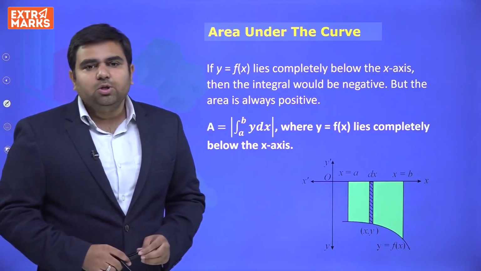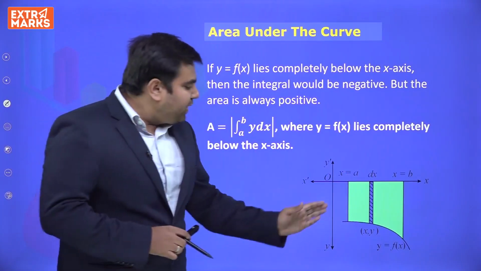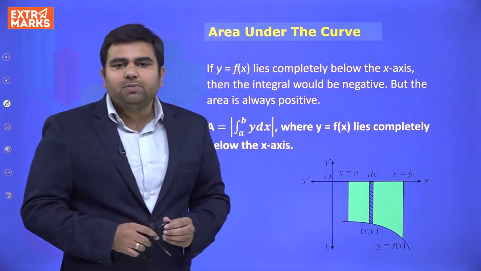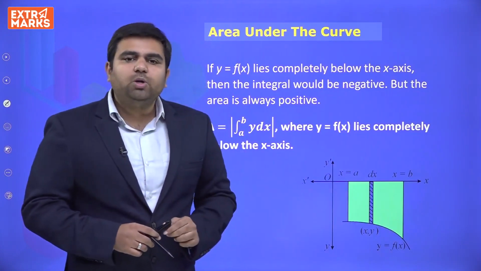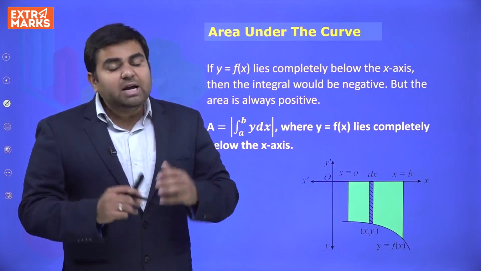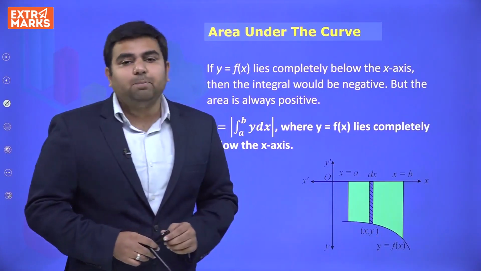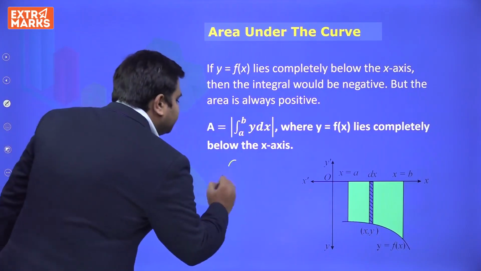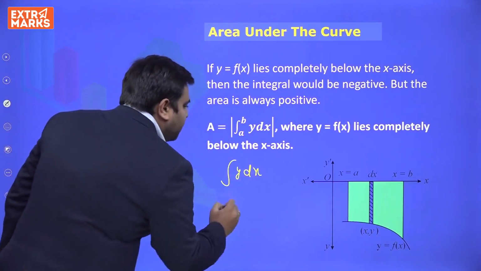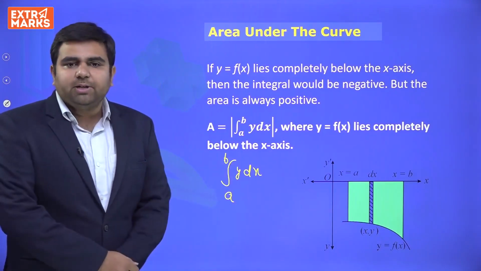Now how to find this area? If I simply integrate f of x between x equal to a and x equal to b, it will come out to be negative. Why? Because y equal to f of x lies completely below the x-axis, so y dx from a to b will come out negative.